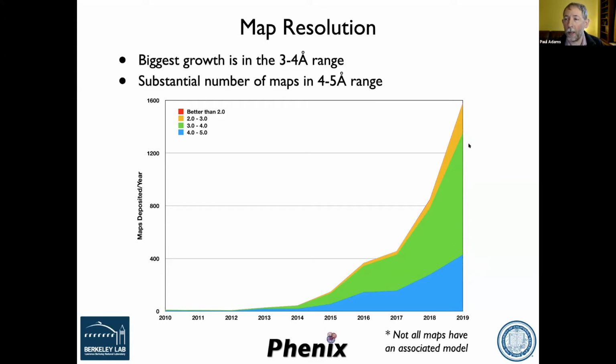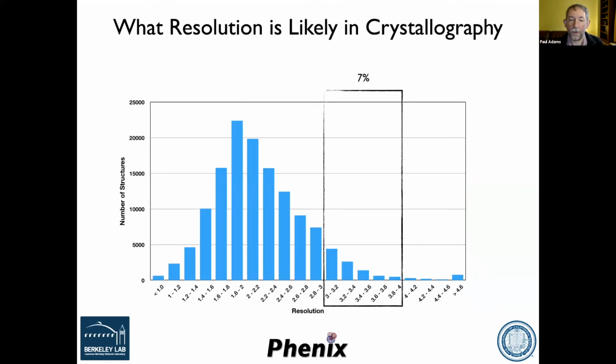And that presents challenges. It presents challenges in crystallography actually as well. This is a histogram of crystallographic structure resolutions. And so you can see that typical resolutions for crystallography are around 2 angstrom, but we have a significant fraction, say 7%, in this 3 to 4 angstrom range. So this is a problem we've had to work with in crystallography.